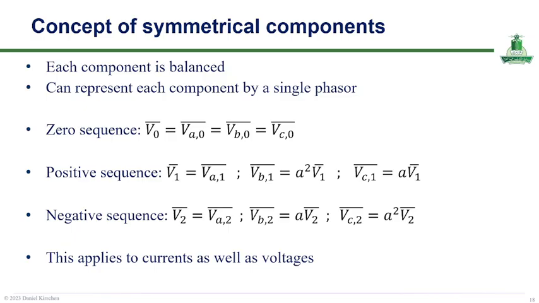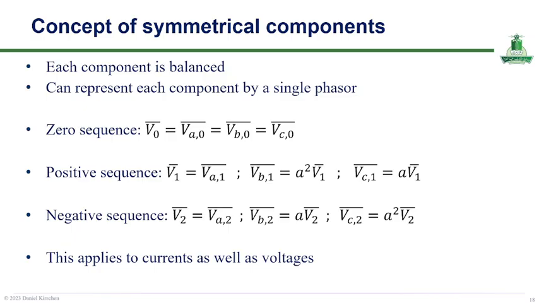The zero sequence components are equal in magnitude and phase across all three phases. The positive sequence components represent a balanced system with the original phase order, where each phase is shifted by 120 degrees in the forward direction. In contrast, the negative sequence components also form a balanced set but with a reverse phase sequence.